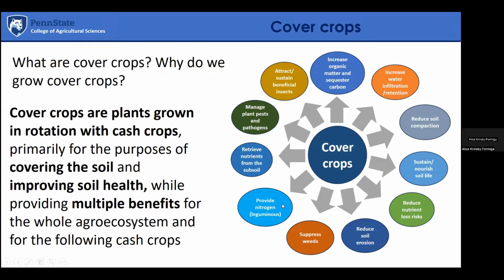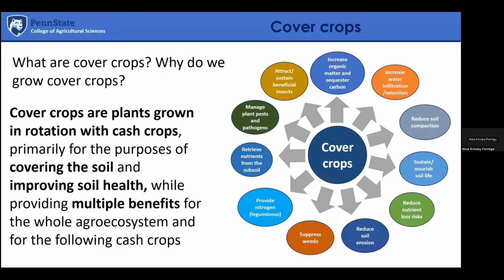Now, when we are selecting cover crops for our normal organic or conventional production system, we identify our priority, what we want from that cover crop, and based on the goal that we have, we select a cover crop or a cover crop mix. In this case, we are talking about using cover crops as a carbon source for ASD.